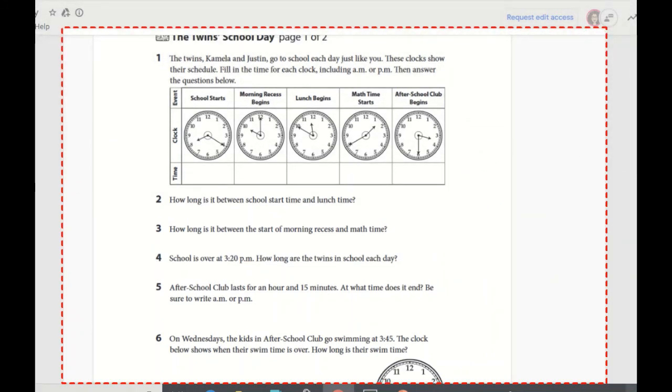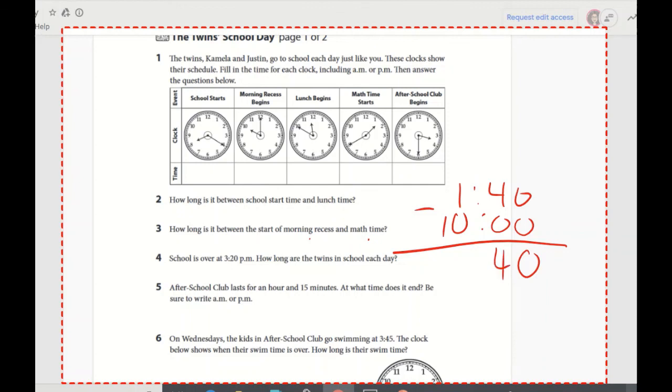And then if you wanted to write it up and down like a regular subtraction problem for number 3, we'd take our end time for math, which would be 1:40, and our beginning time, which was when recess was, 10 o'clock, and subtract. 2 minus 0 is 0, 4 minus 0 is 4.